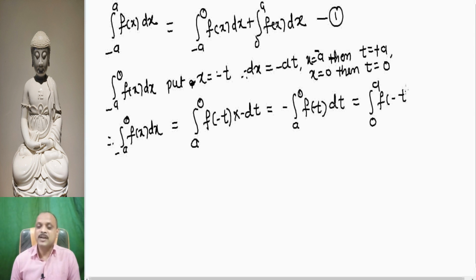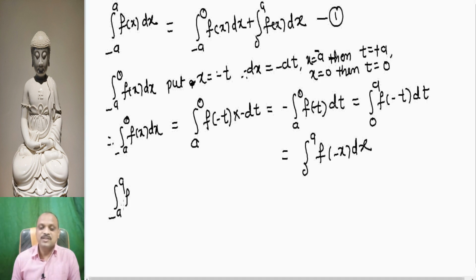Again, by the first property, definite integrals are independent of variables, so this is equal to integration 0 to a f of minus x dx. Let us put this value in equation number 1. Then integration minus a to a f of x dx equals integration 0 to a f of minus x dx plus integration 0 to a f of x dx.